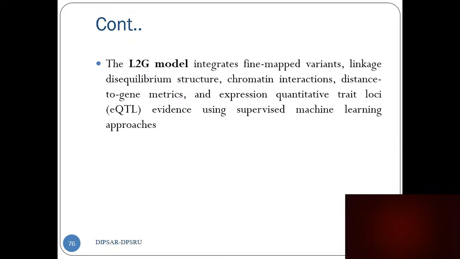So you can get more fine information. Because now they are applying this L2G model, and this L2G model integrates all these mapped variants, linkage disequilibrium, chromatin interactions, distance to gene metrics, expression quantitative trait loci evidence using supervised machine learning approaches.